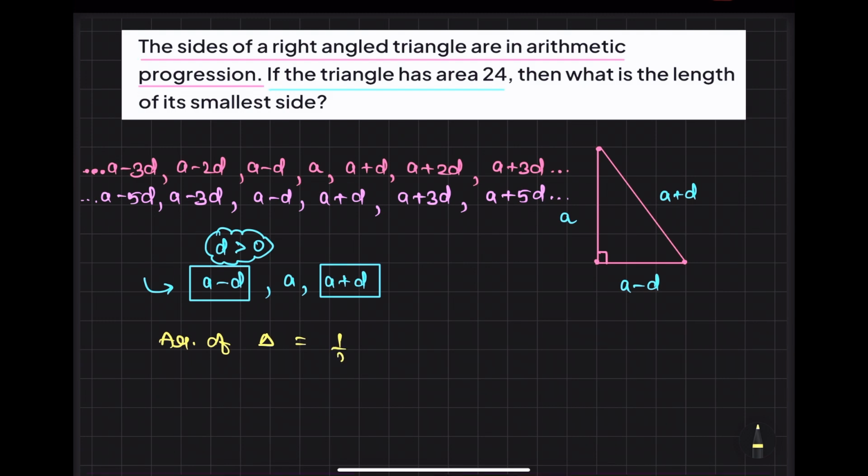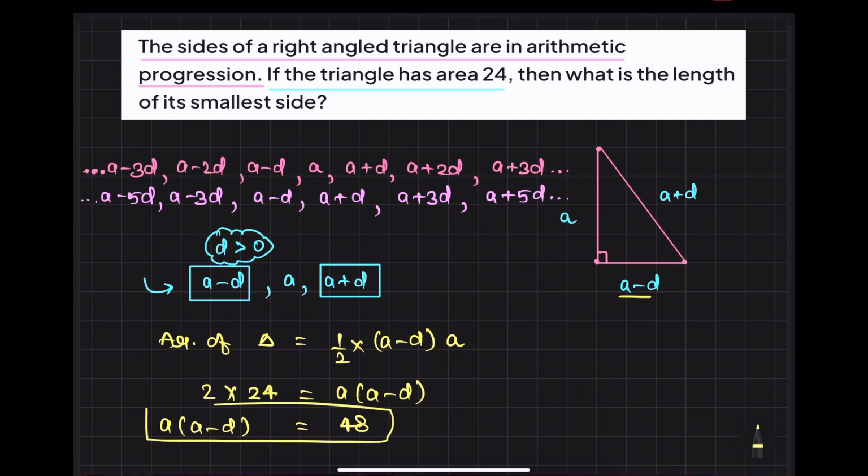It is half base, which is a minus d, and the height is a. According to them the area is 24, so it is a times a minus d by 2. So 2 will come this side, so we will have a times a minus d equals 48.